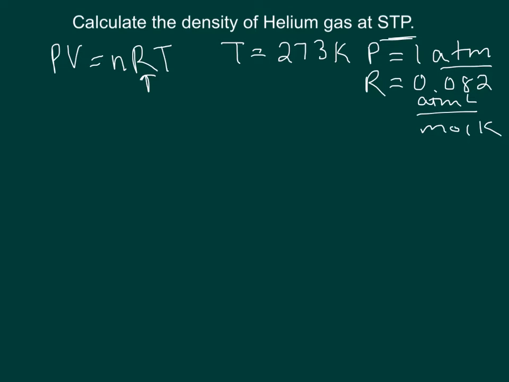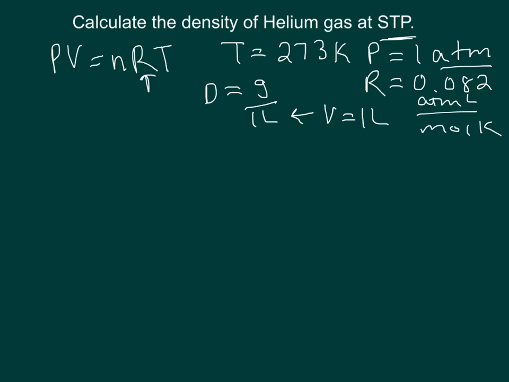When I'm looking to find the density, I know that density is equal to grams per 1 liter. I always know that my units on the bottom are 1, just like for molar mass it's grams per 1 mole. So that means that I also know that my volume is equal to 1 liter in this case, because I want to find the density, so the number of grams of helium inside of 1 liter.